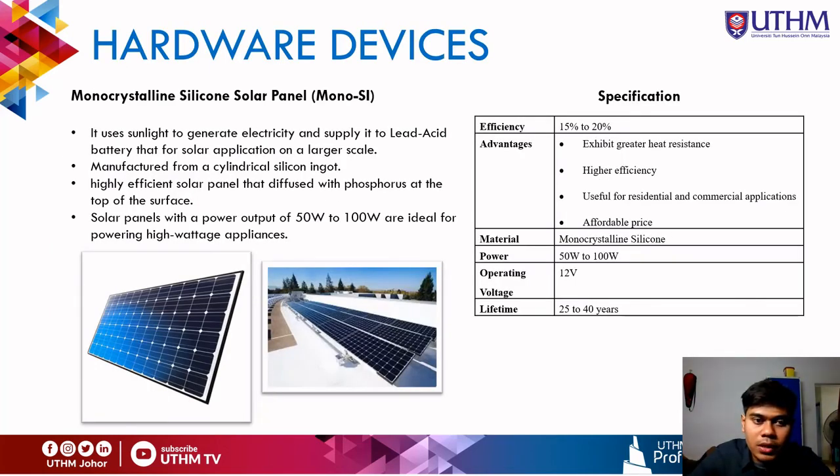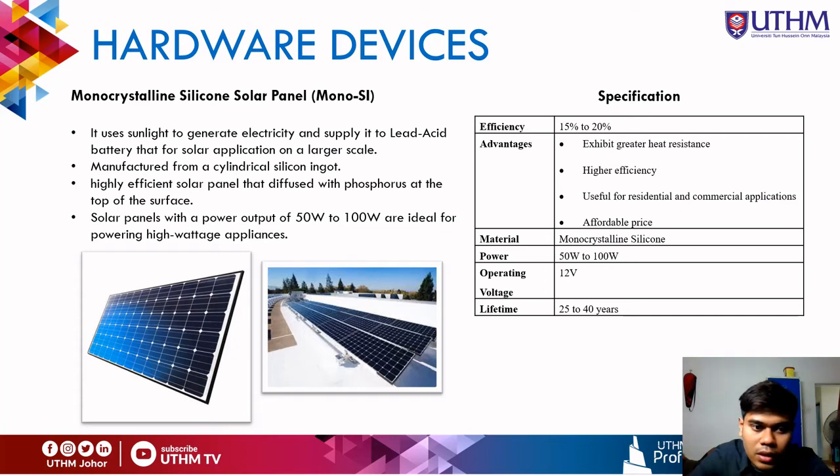Okay, the next part is hardware devices. For solar panel, I choose monocrystalline silicon solar panel, which is mono Si. It is because it uses sunlight to generate electricity and supply it to lead acid battery for solar application on a larger scale. After that, it is manufactured from a cylindrical silicon ingot.